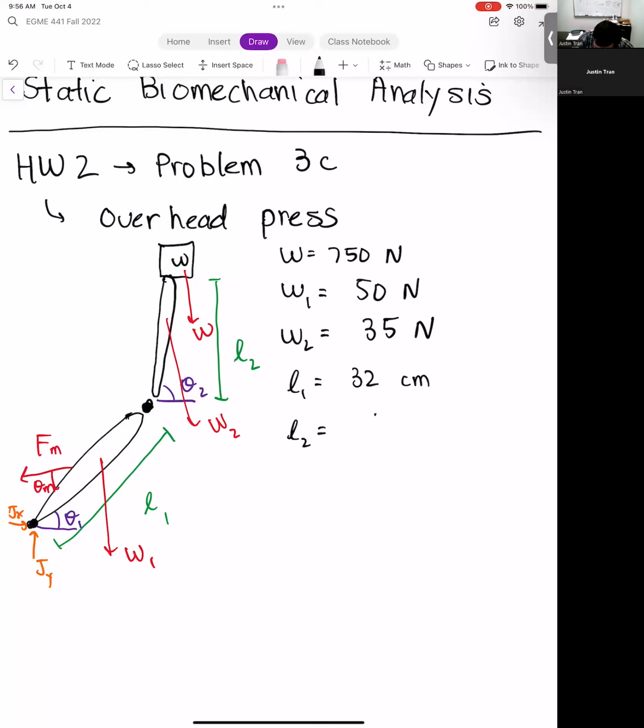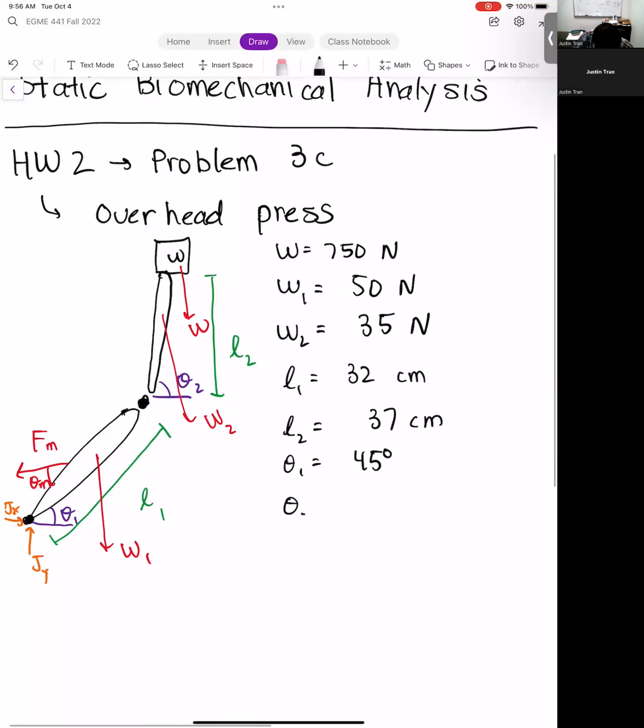L2 has a value of 37 centimeters. Theta 1 is 45 degrees. Theta 2 is 55 degrees. LM is 6 centimeters. I forgot to draw LM here, so LM is this distance right here. And theta M is 25 degrees.